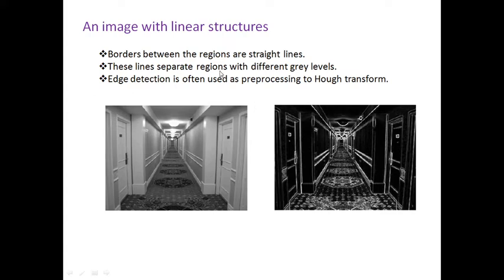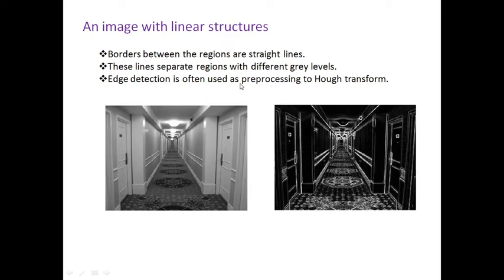These lines separate regions that have different gray levels, because this region is of one gray level, this region is of another gray level, right? In this manner all the regions with different gray levels are separated with lines here.